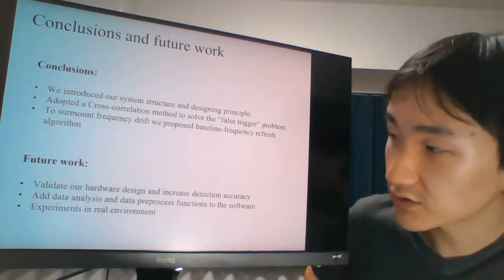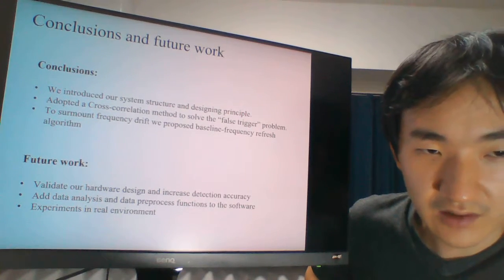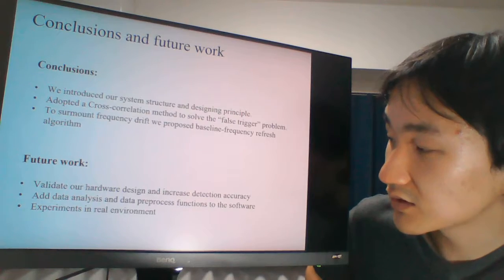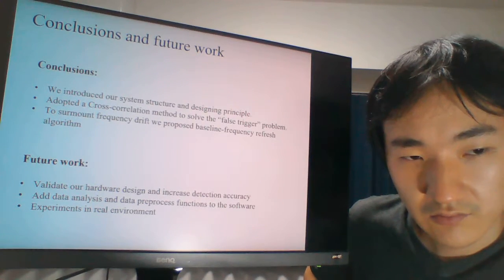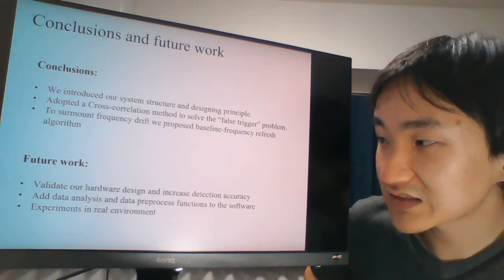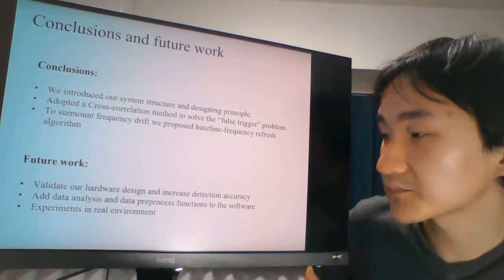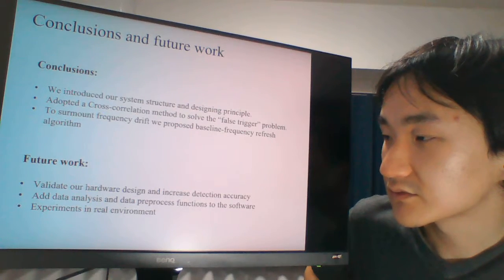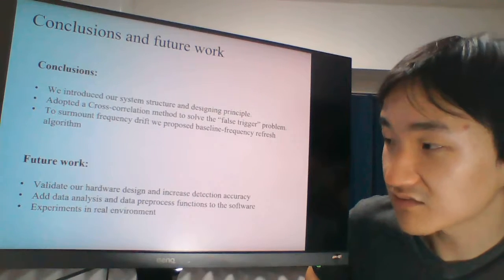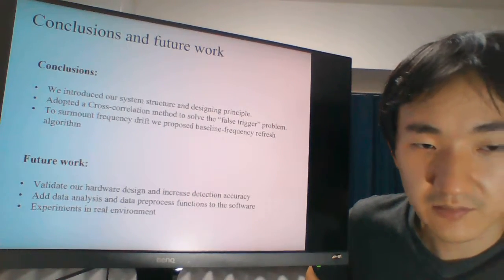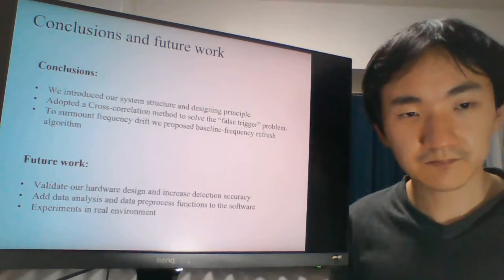Future work: for the hardware, validate our hardware design and increase detection accuracy. And for the software, add data analysis and data pre-processing functions. And I want to test my design in a real environment someday. So that's it. Thank you.